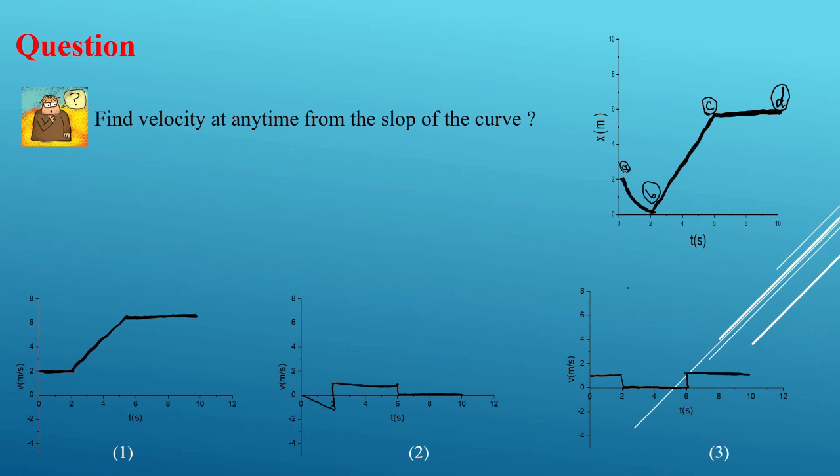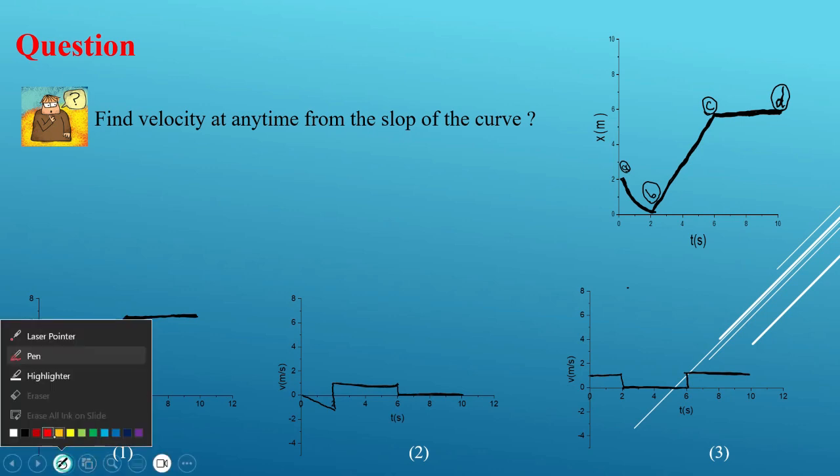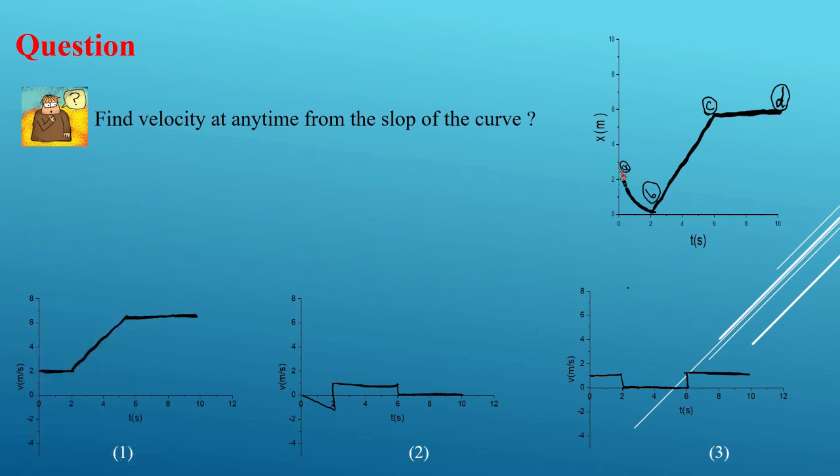So let's look at the points A and B. What I see here is that the slope is negative, right? So if I choose these 2 points right here, this slope is negative, right? So the first answer I have here, 1, the velocity is constant at 2, right? Which is not what I'm looking for, correct?